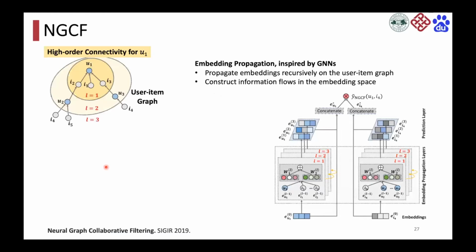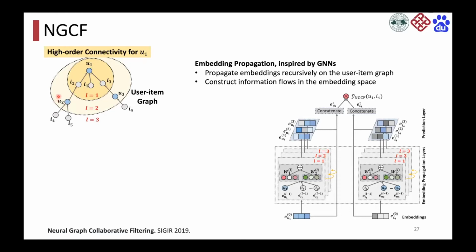Another representative model is NGCF, which was proposed in SIGIR 2019. In this paper, the authors propose a novel framework, neural graph collaborative filtering, to exploit the high-order connectivities in the user-item graph by embedding propagation. Here, u1 is the target node. Then we have the implicit or explicit links in this user-item graph.